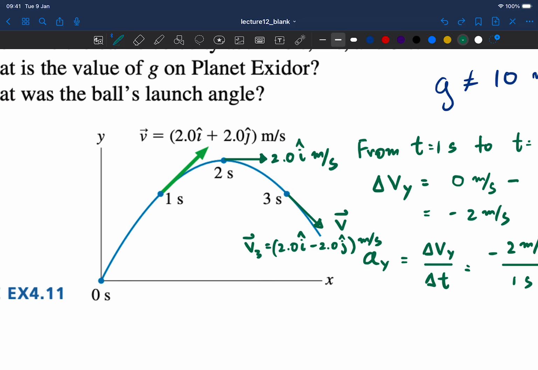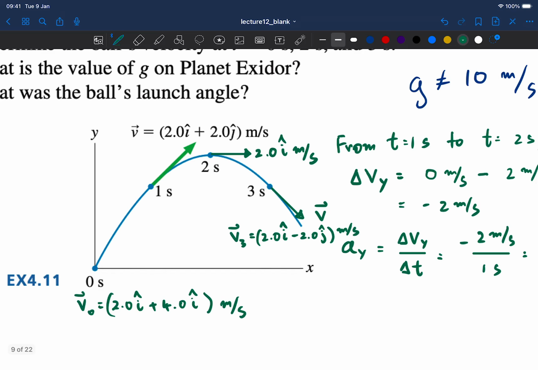Now we need to answer t equal to 0. Again, the horizontal component is always the same, 2. From here to here, the vertical velocity gets reduced by 2. But since you have 2 here, then here you have 4. So that's going to be 4.0 meters per second for the y component.